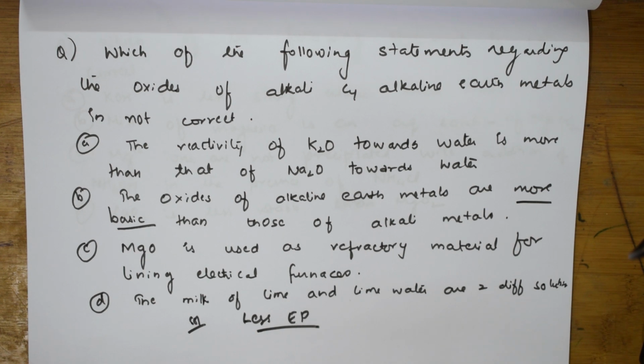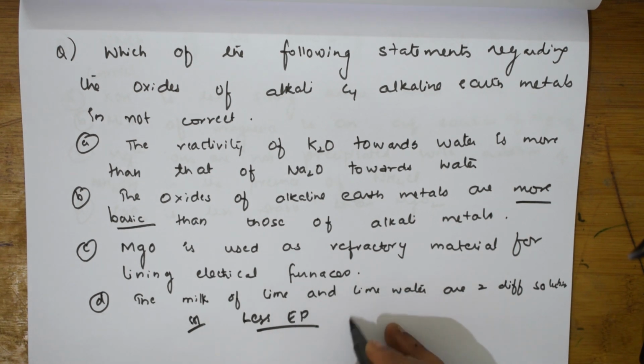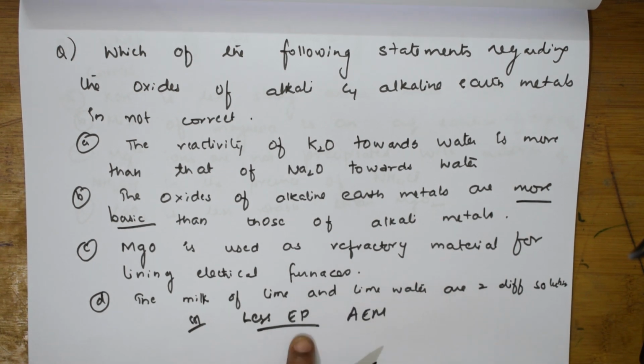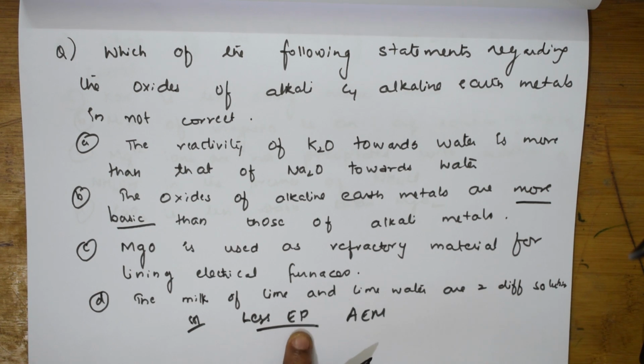Why? Because the size is smaller. When I go from left to right in the periodic table, the size becomes smaller. When the size becomes smaller, it's very difficult for me to release that OH minus ion. So alkaline earth metals are less electropositive, that means less basic.